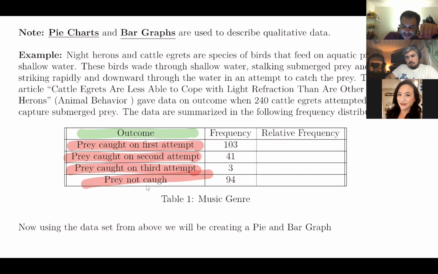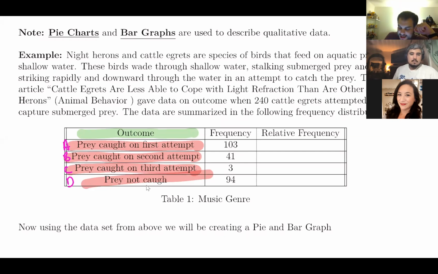To make this easier, I'm going to say this is A, this is B, this is C, and this is D. For prey caught on first attempt, there's 103. Then we have 41 who caught it on the second attempt. We had 3 who caught it on the third attempt. And lastly, we have 94 who didn't catch prey.